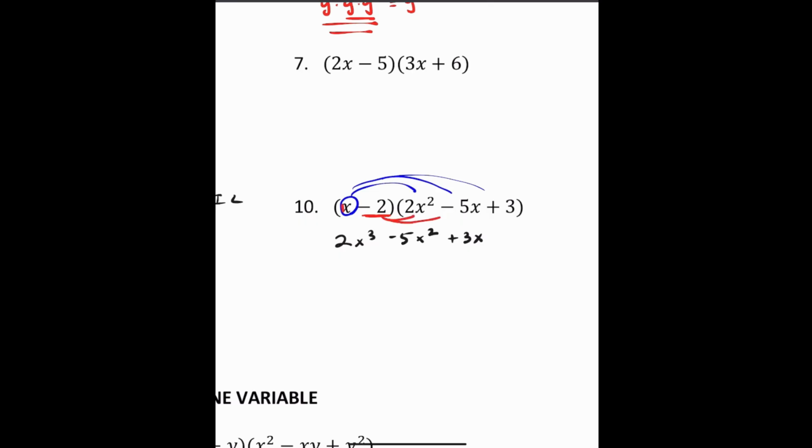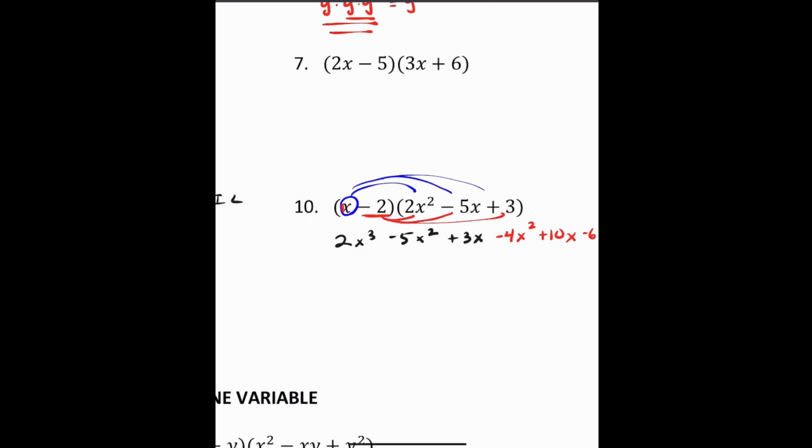And we're going to distribute the negative 2 to each term. So negative 2 times 2x squared, negative 2 times 2 is negative 4. And then slap on the x squared. Negative 2 times negative 5x, negative 2 times negative 5 is positive 10. Slap on the x. Negative 2 times 3 is negative 6.